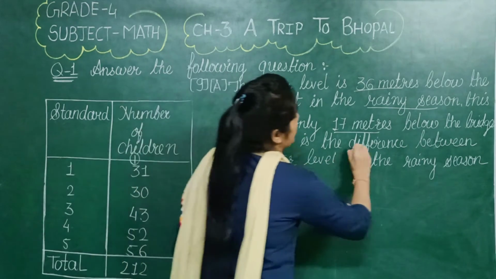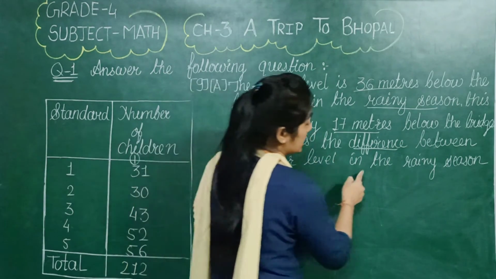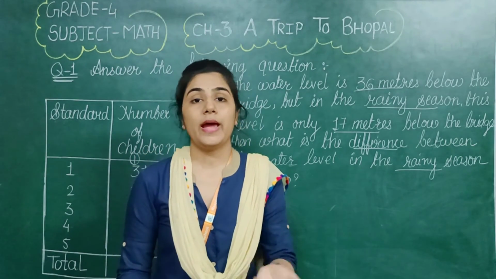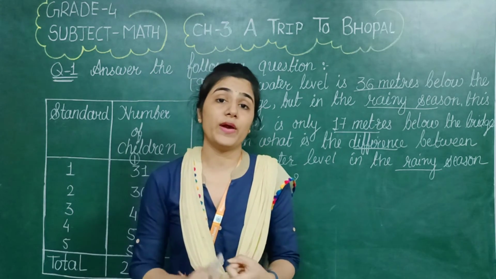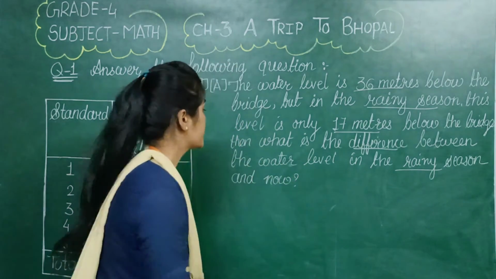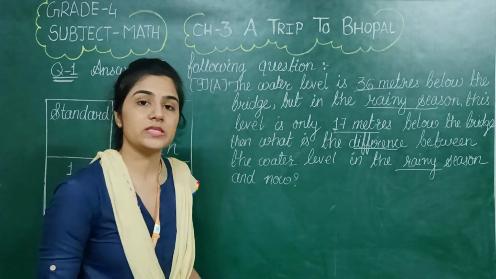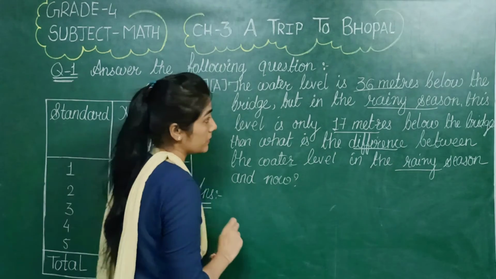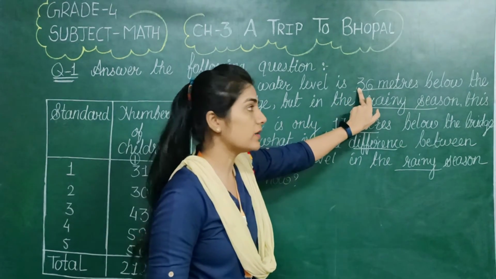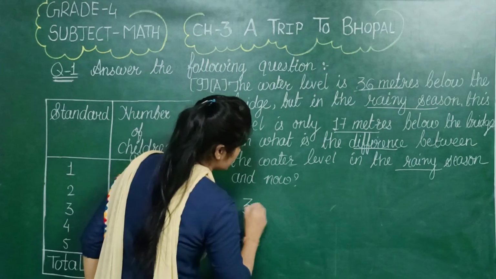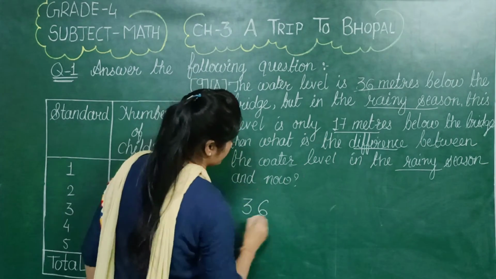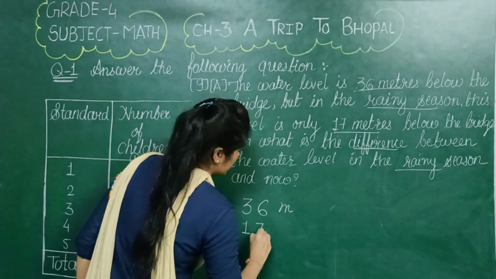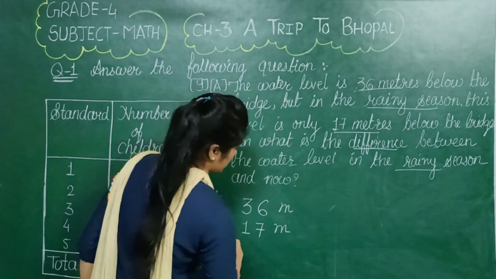So what is the difference between the water level in the rainy season and now? Before the rainy season and after the rainy season water level, we have to find the difference between these two. Since difference is asked, obviously subtraction will come. We can write it this way: the bigger number 36 meters will come first. From 36 we subtract 17, so 36 meters minus 17 meters.